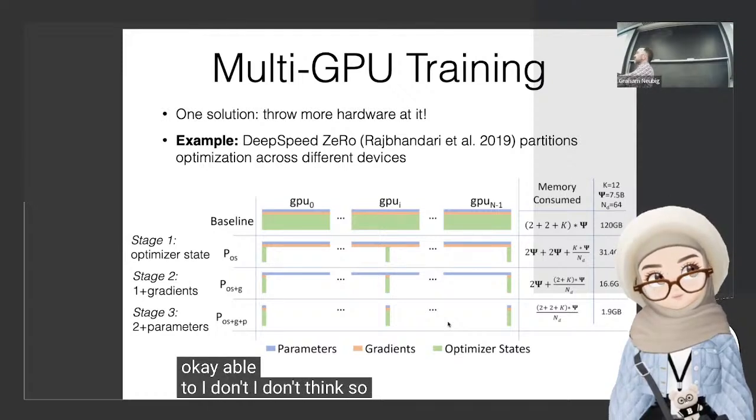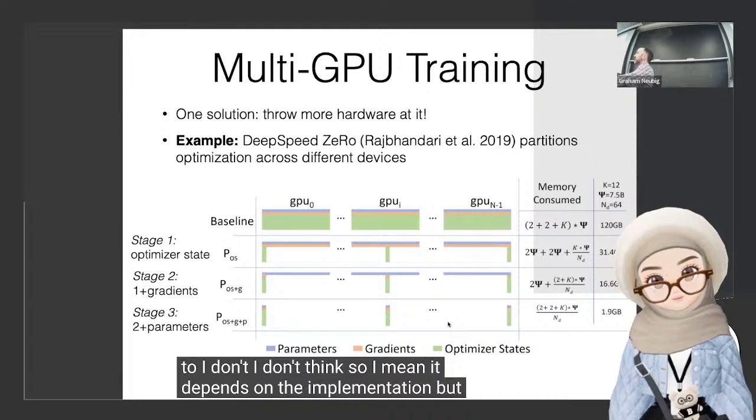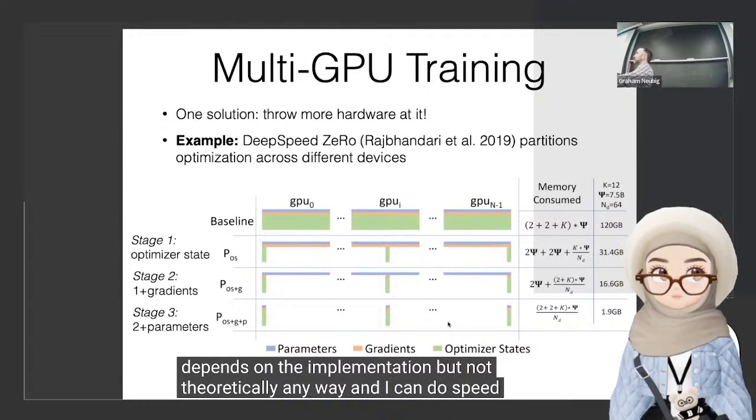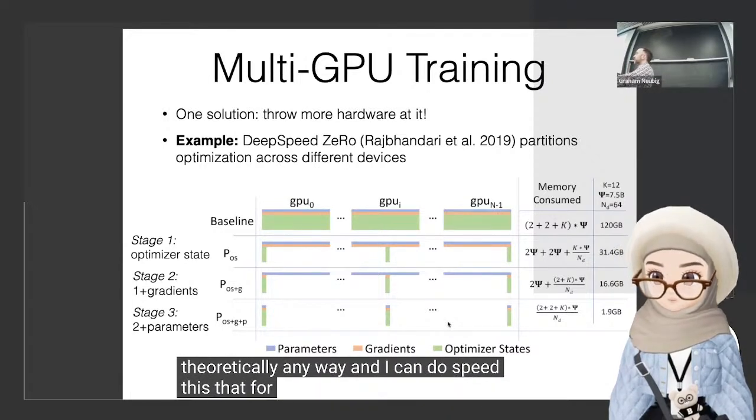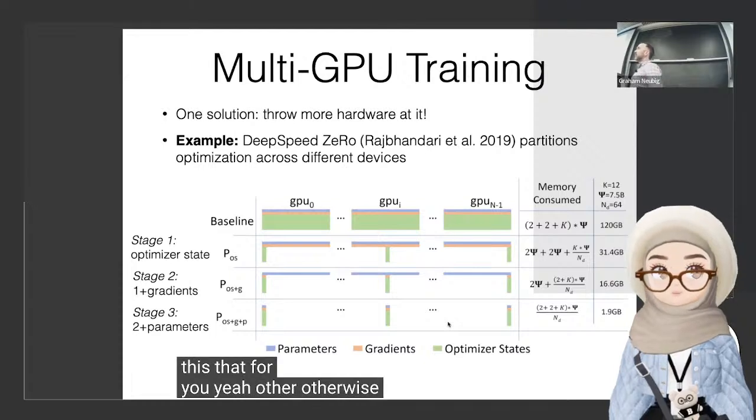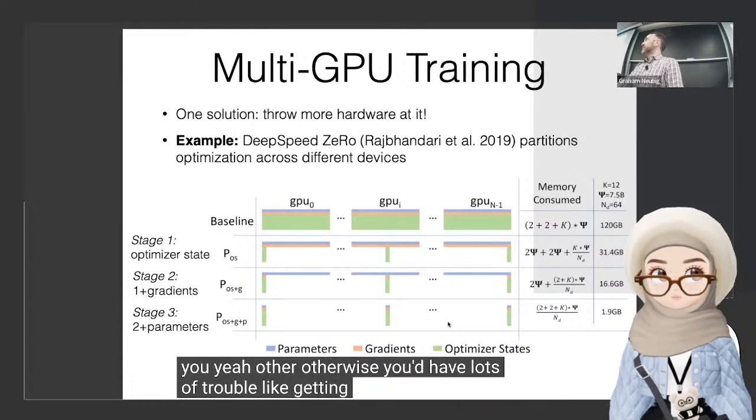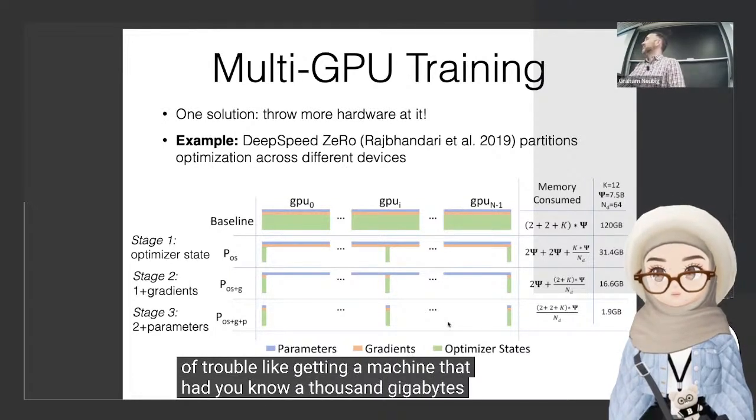When you say multi-device, do you mean multi-GPU? I don't think so. It depends on the implementation, but not theoretically anyway. DeepSpeed handles that for you. Otherwise you'd have lots of trouble getting a machine that had 1,000 gigabytes of memory.